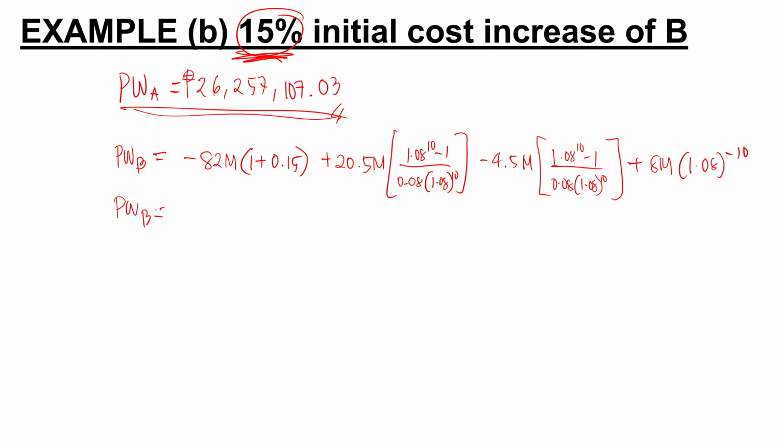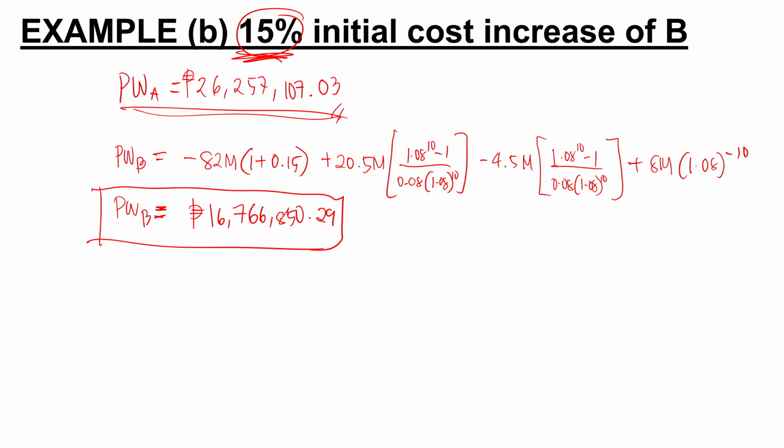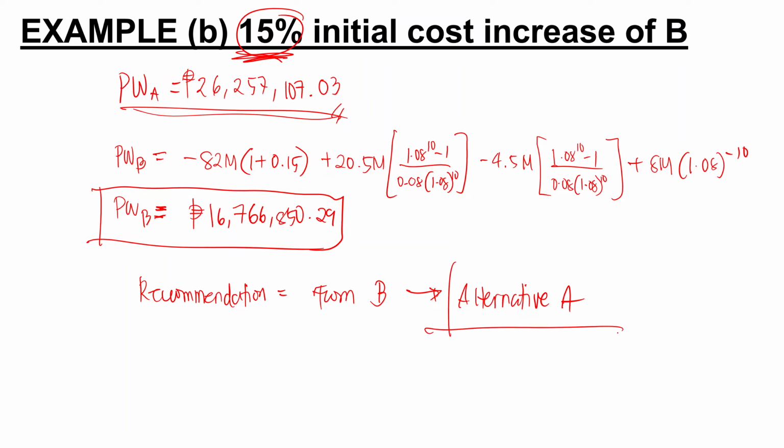And because of that, our present worth benefit from 29 million became 16,776,850.29 pesos for alternative B. And because of that, our recommendation shifted from B to alternative A. Why?